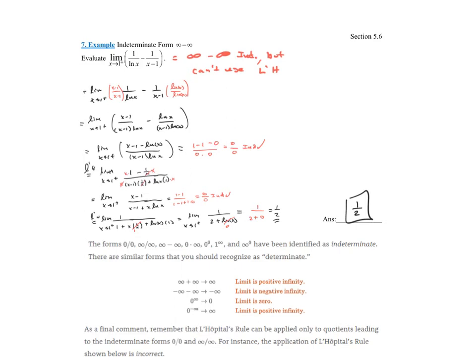So those are the types of forms where you have to know more tricks. You have to either be able to take the natural log of both sides, or get a common denominator, or use trig to rewrite the function, or use algebra to rewrite the function.